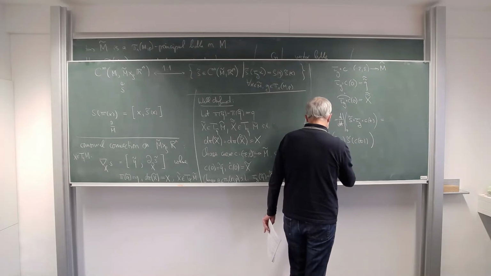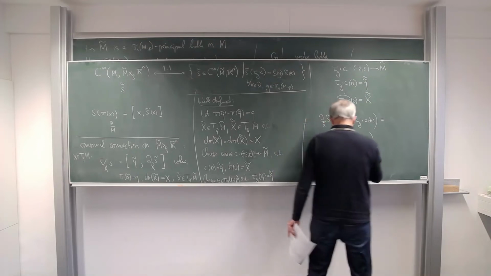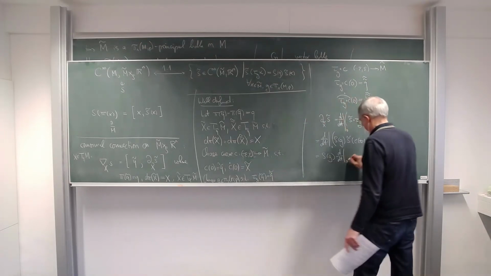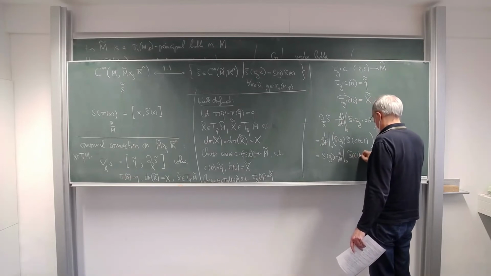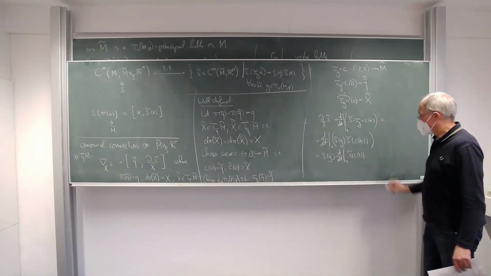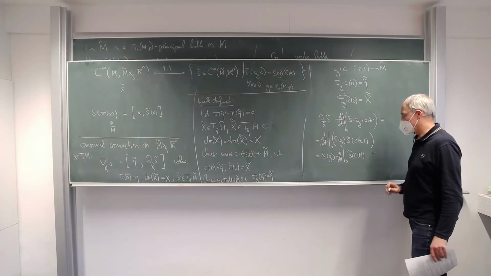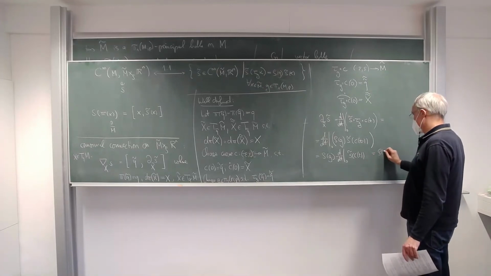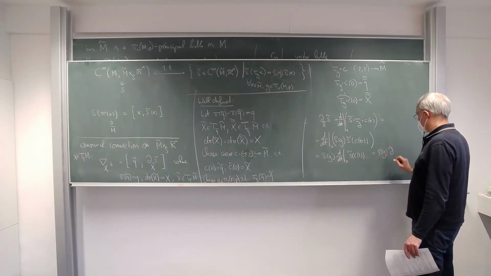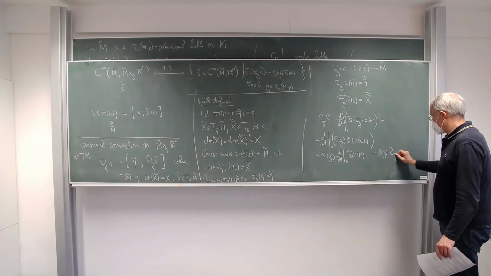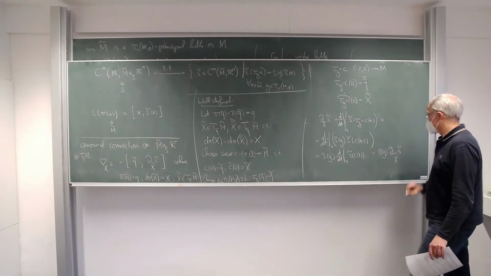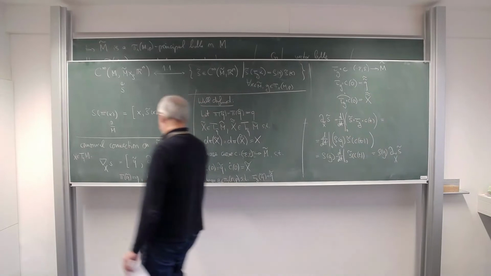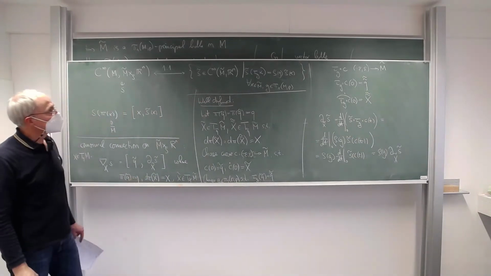So I can pull the rho g out. Okay, and now this one is nothing but del x tilde s tilde. So that's what I have here for the x tilde term.